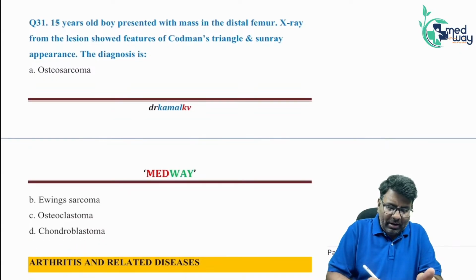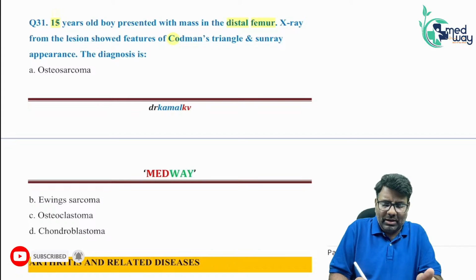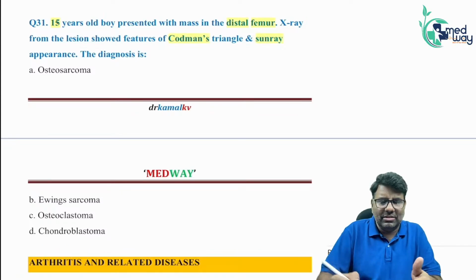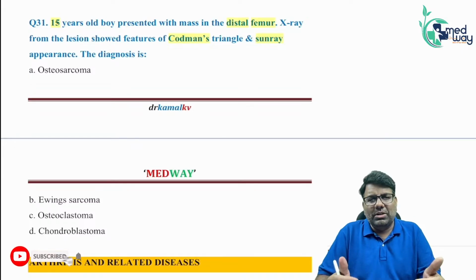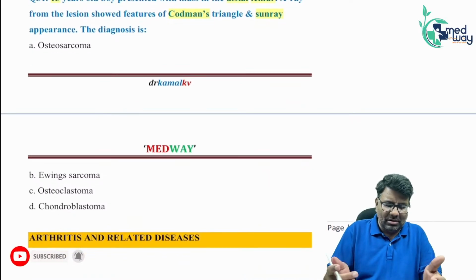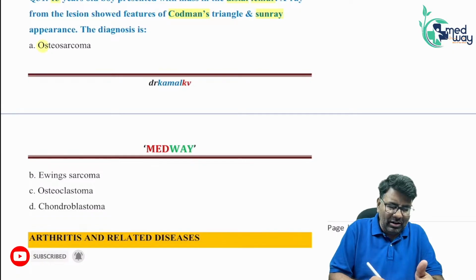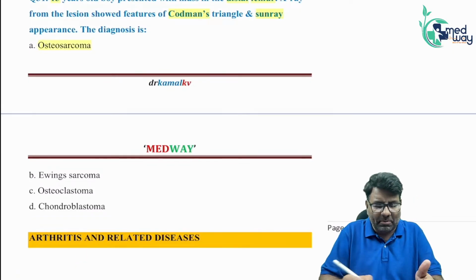A young boy presented with a mass in the distal femur, and X-ray shows Codman's triangle and sunray appearance. I think the moment you find these words, Codman's triangle, sunray appearance, the diagnosis should not be that difficult. It is osteosarcoma. Yeah.